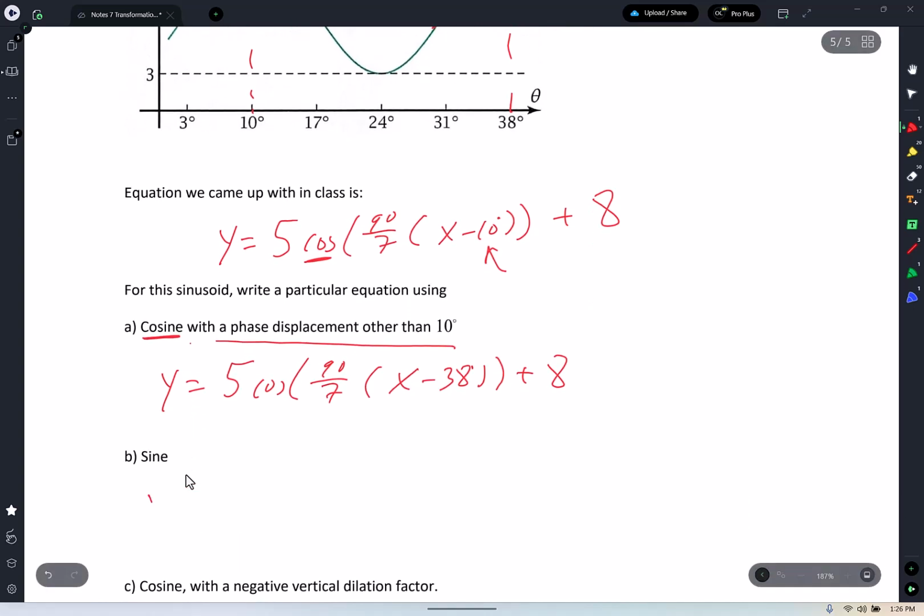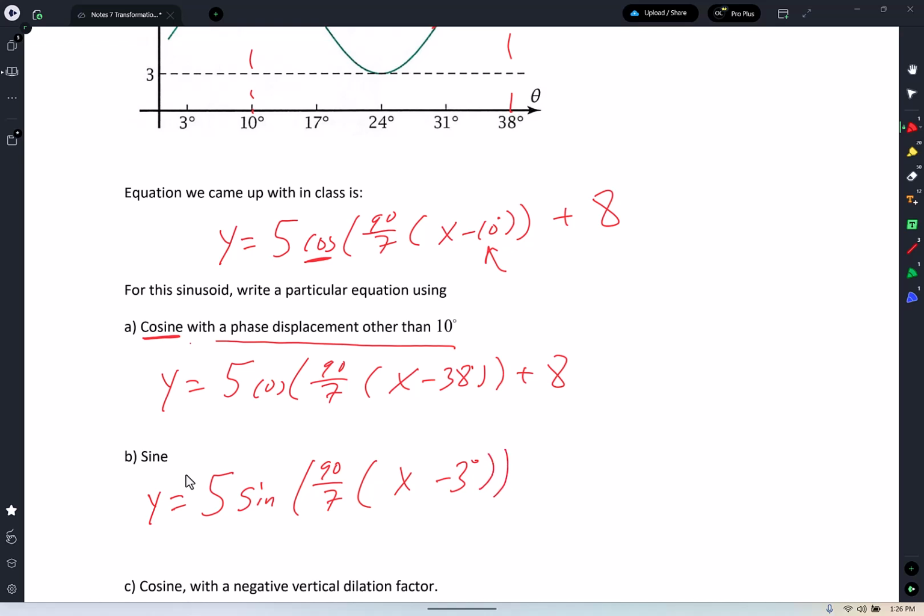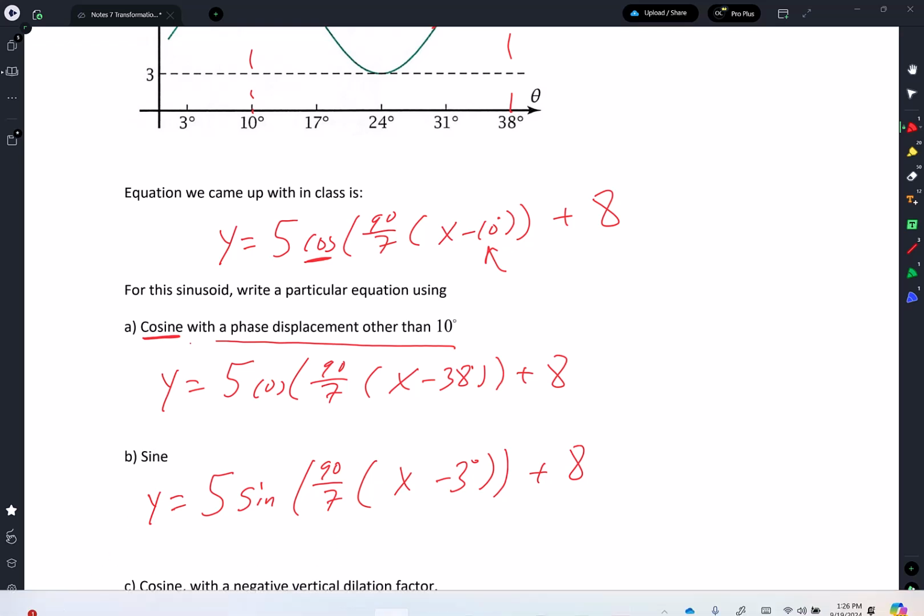So here we go. y equals 5 sine, everything else is the same, 90 over 7 (x minus 3 degrees) plus 8. So you already know what I'm going to do. I'm going to graph it.